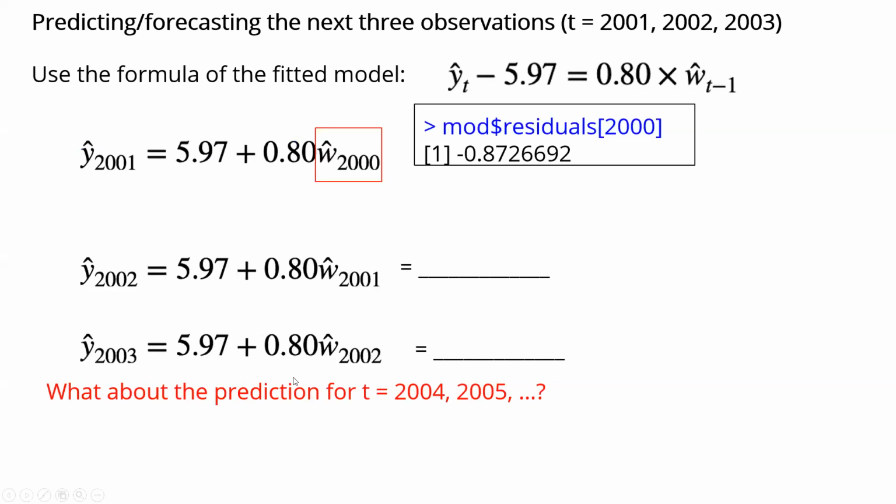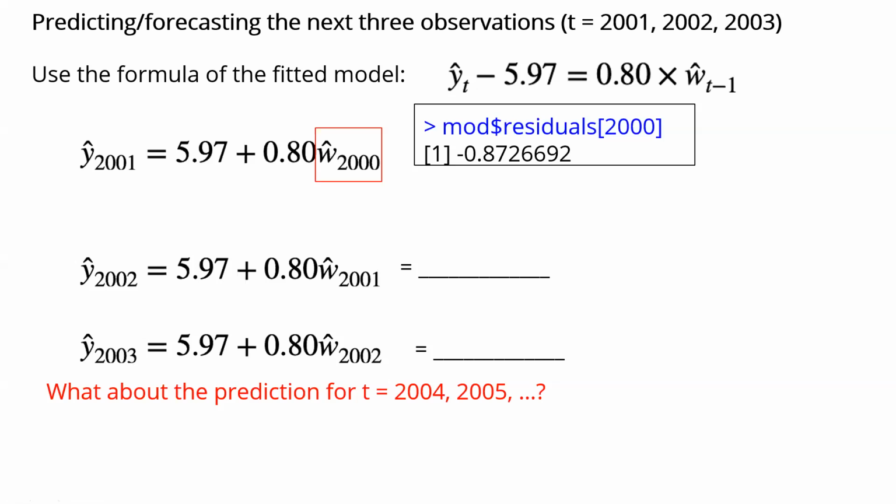But if you want to do that manually, if you want to use a formula to make the prediction, how do I go about that? If I want to predict the volume of sales in my company for 2001, 2002, and 2003, what am I talking about?